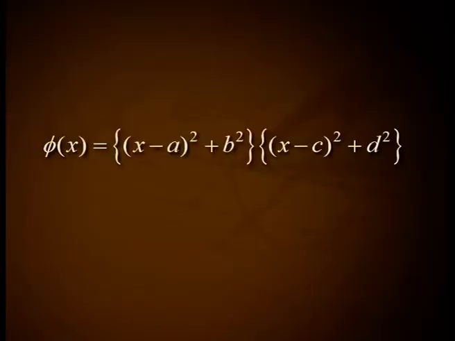Suppose that a ± ib, c ± id, e ± ig are the imaginary roots of the equation f(x) = 0, and that phi(x) is the product of the quadratic factors corresponding to these imaginary roots, then phi(x) = ((x - a)² + b²)((x - c)² + d²)((x - e)² + g²), etc. Now, each of these factors is positive for every real value of x, hence phi(x) is always positive for real values of x.